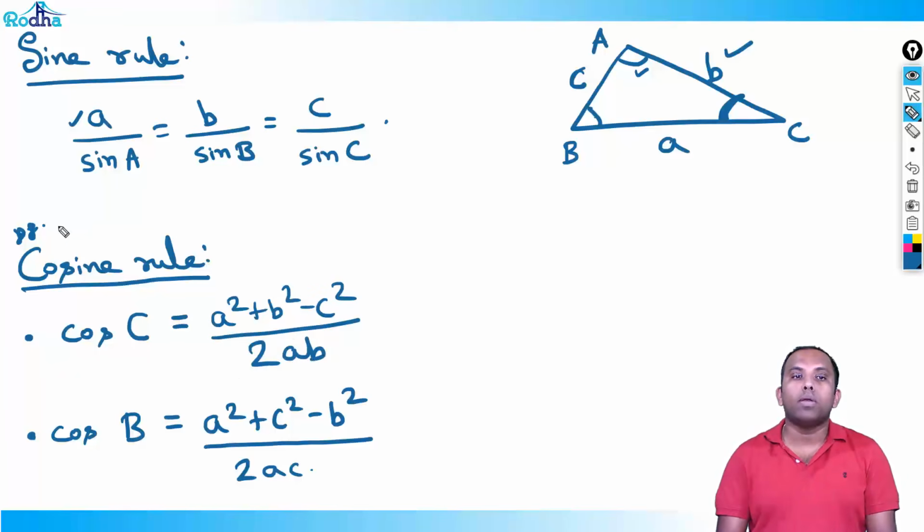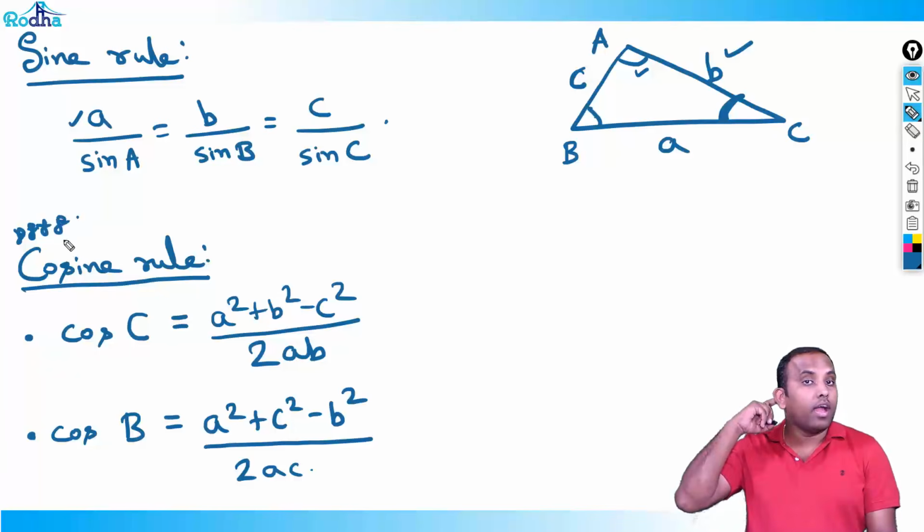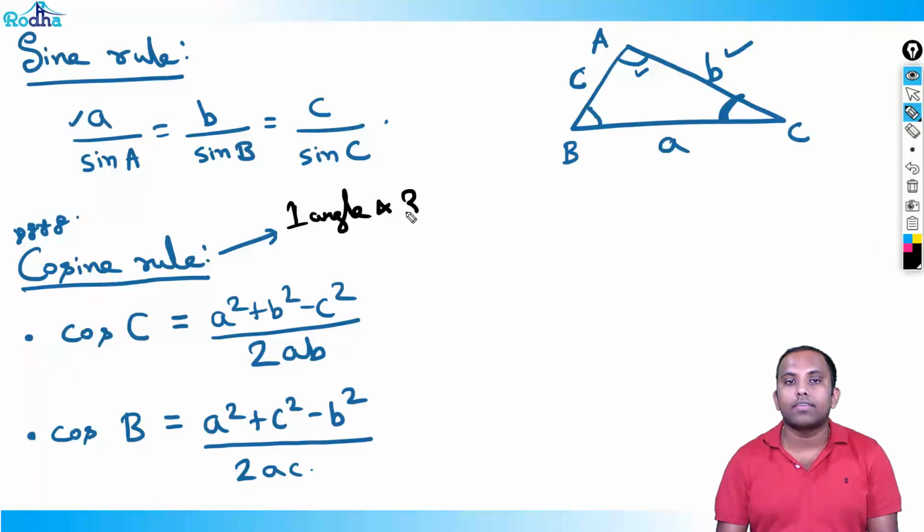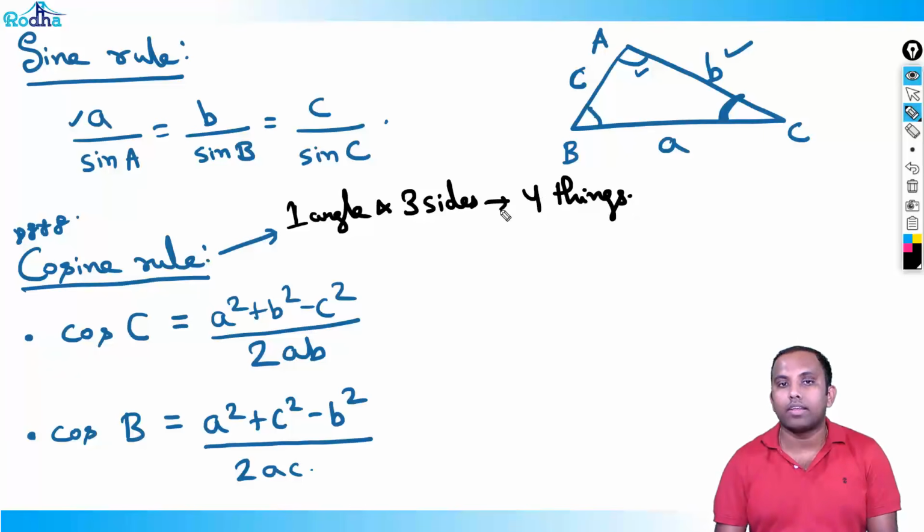This cosine rule is super important. You can apply it in many situations in geometry. What does cosine rule do? It involves one angle and three sides. So total four things it involves. One angle and three sides, right?